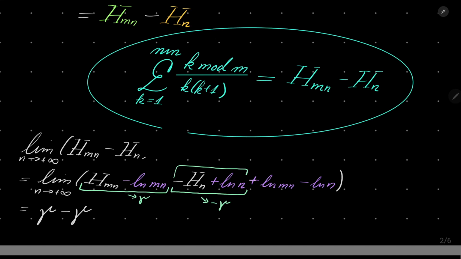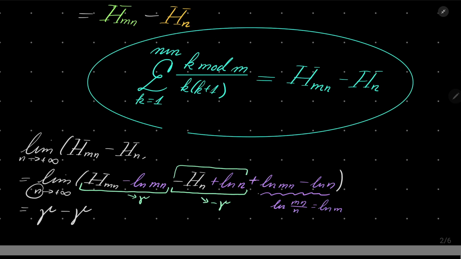And what's the last part? Well, by well-known properties of natural log, or any log for that matter, natural log of mn minus natural log of n, this part, it's just natural log mn over n, which is natural log of m. And remember that we are taking n to infinity, not m.